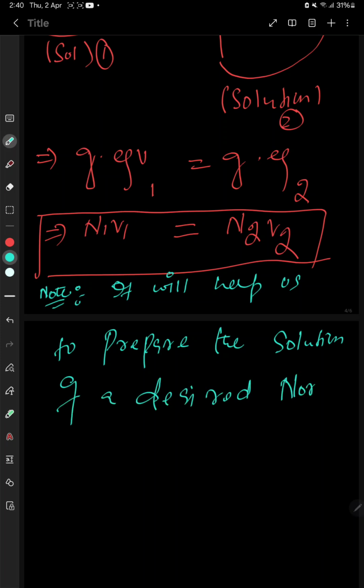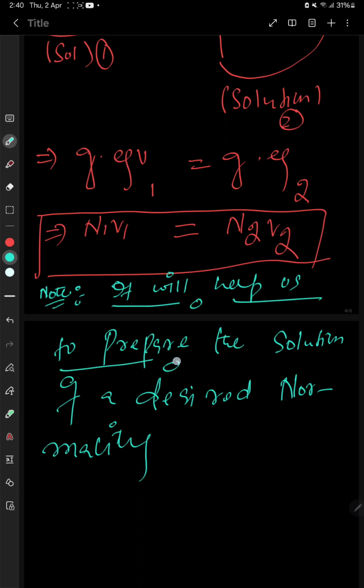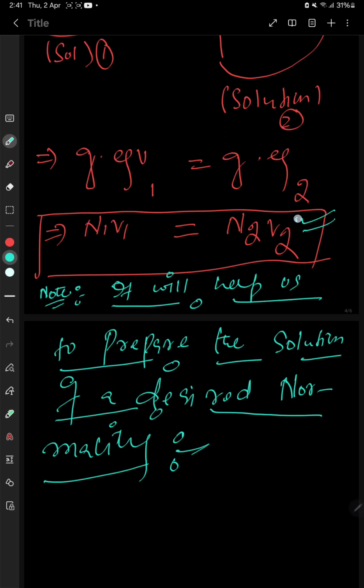Wow, that is the important point. With this equation, we'll be able to prepare the solution of desired normality. Very fast, we are taking a question into consideration. We are taking a numerical problem that will be totally solved with this equation. That's called the equation of dilution.